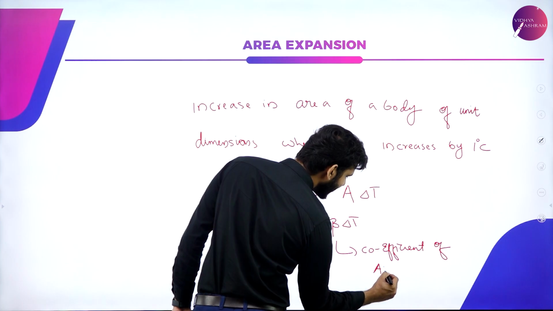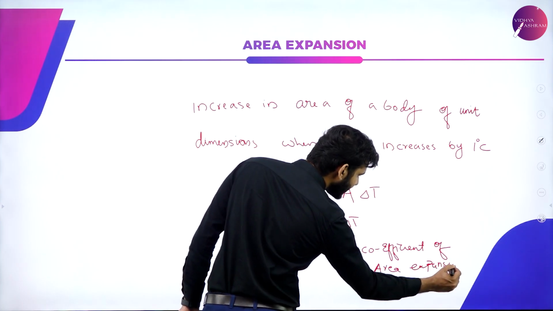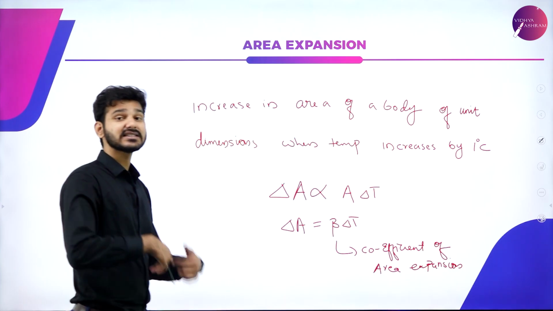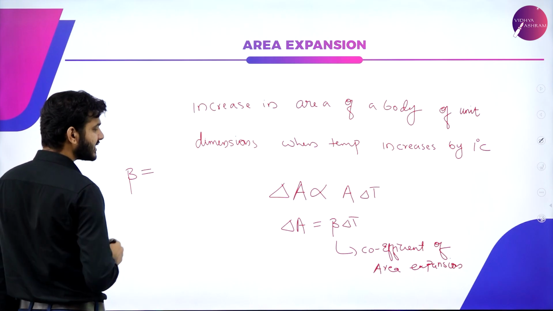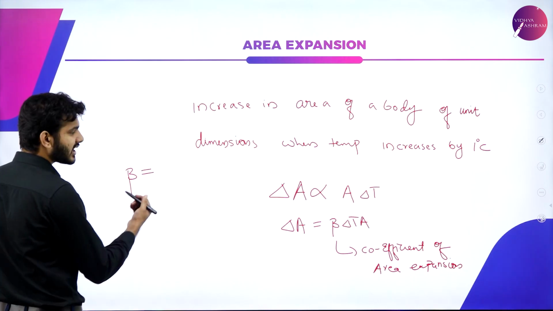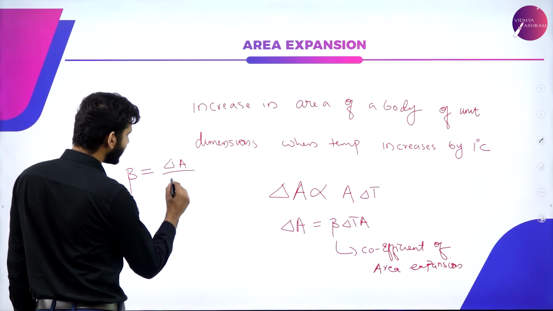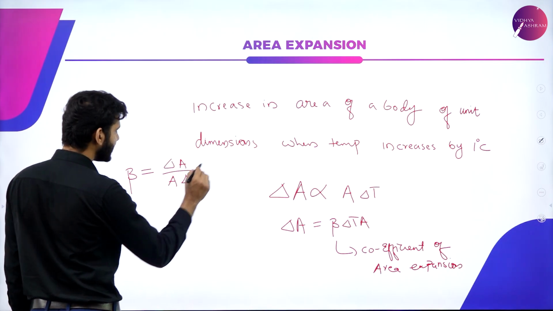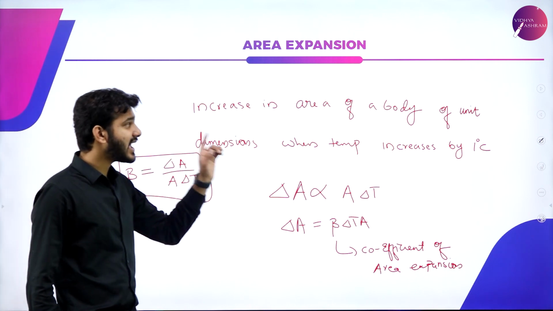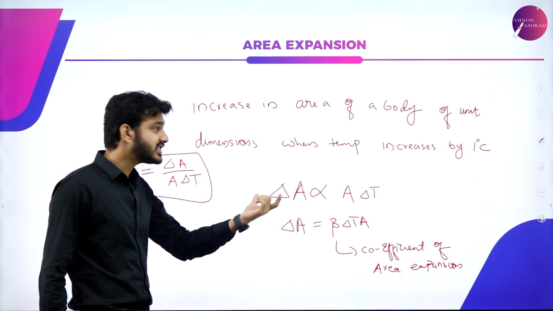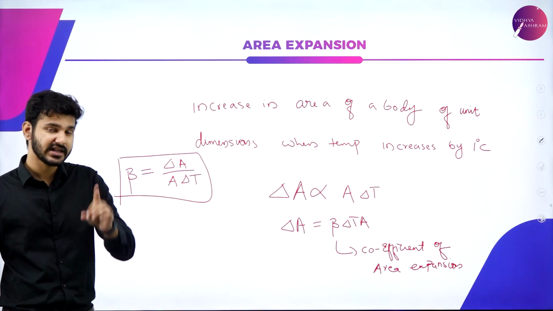of area expansion, and it is defined as beta equal to delta A divided by A delta T. So beta is defined as the increase in area of a body of unit dimensions when temperature increases by 1 degree Celsius.